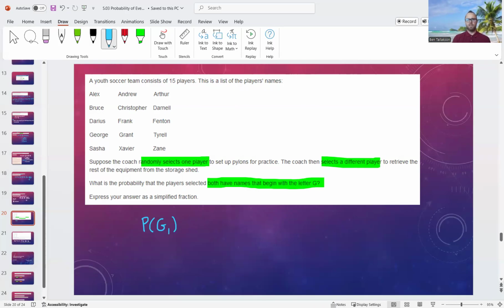So if he picks this player here to retrieve the rest of the equipment, he can't assign this player to set up the pylons. These are dependent events, okay? So we need to multiply times the probability of picking a second player whose name also starts with the letter G, given that you already picked the first player whose name starts with the letter G.